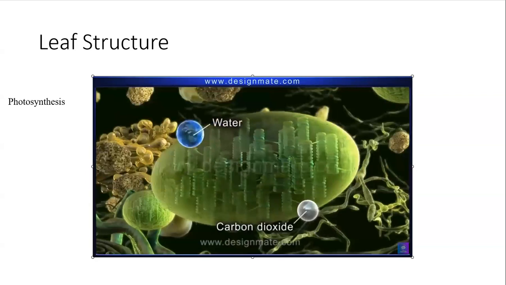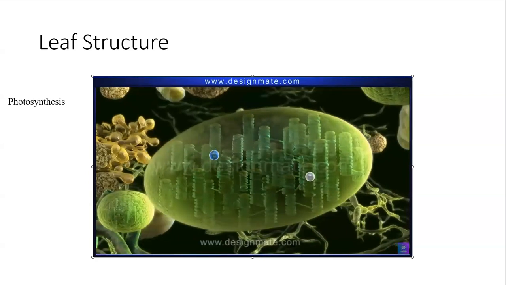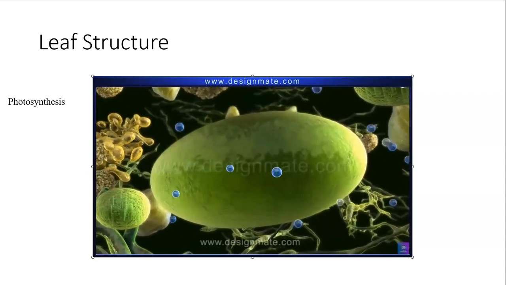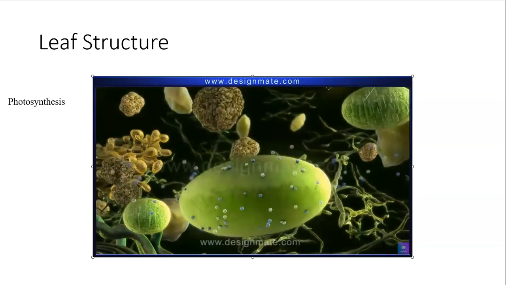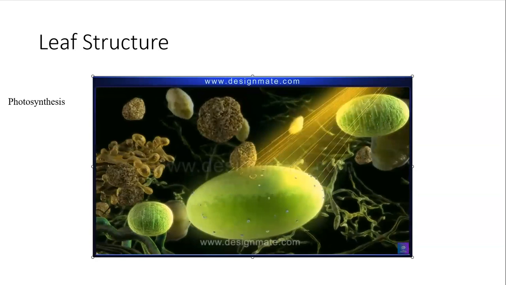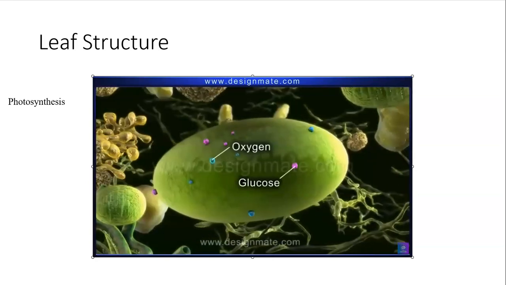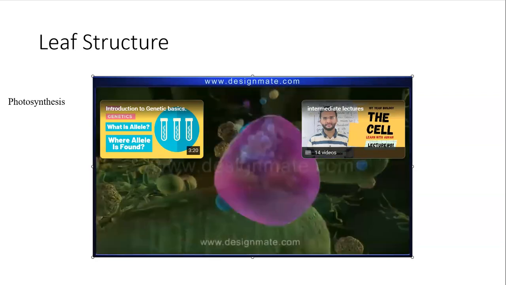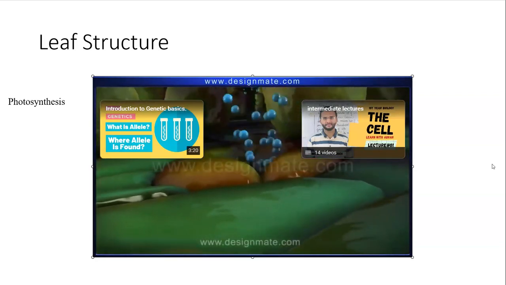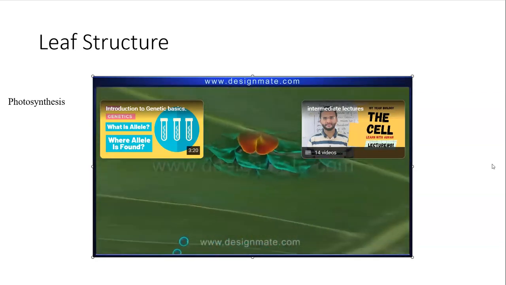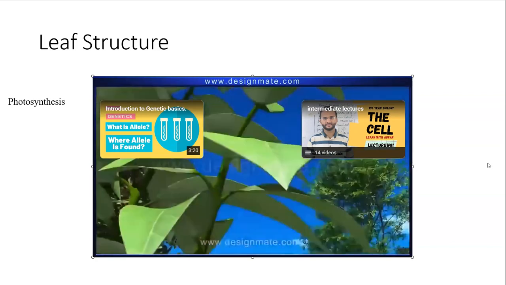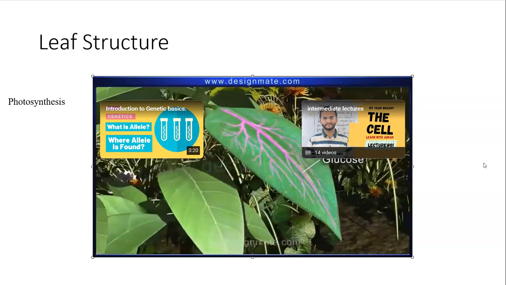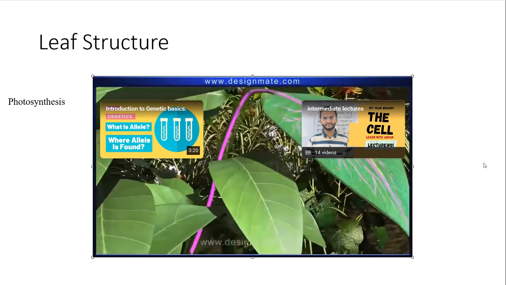Both water and carbon dioxide molecules are finally absorbed by the chloroplast. Where in the presence of chlorophyll and sunlight, they synthesize glucose and release oxygen. The oxygen diffuses out through the stomata. The glucose is transported through other specialized tubes to all parts of the plant, aiding in their growth.